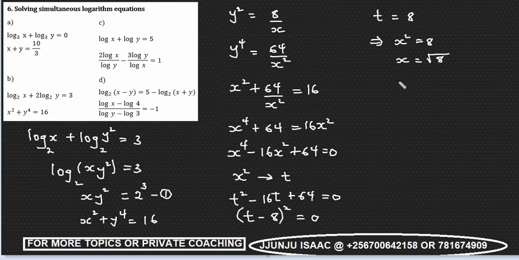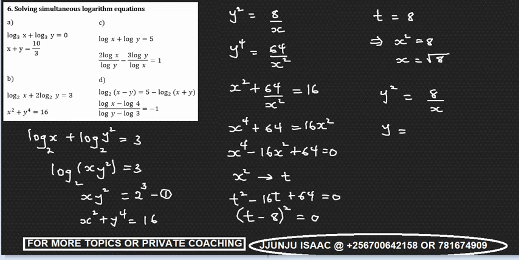So now we need to find y. So y can be got from any of the following. Let us see. y squared is equal to 8 over x, meaning that y is equal to the square root, or we can even use, anyway, we can use this one here.